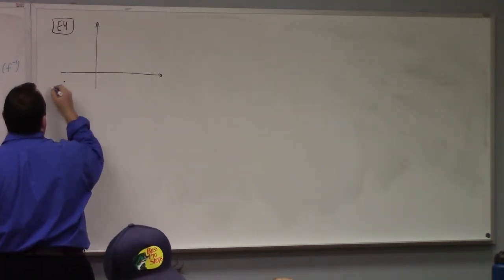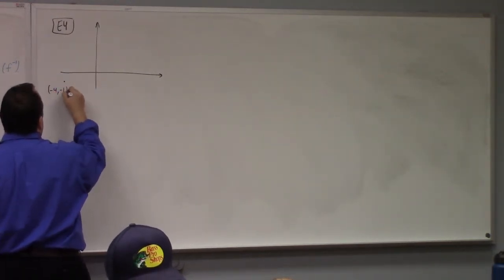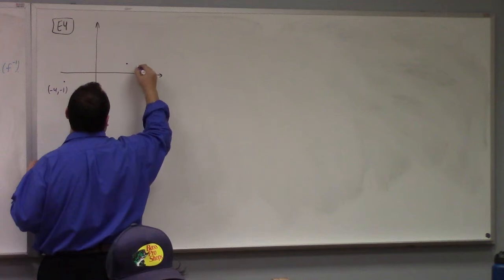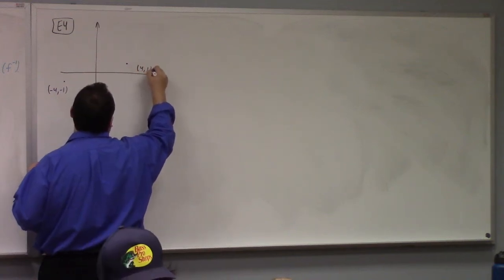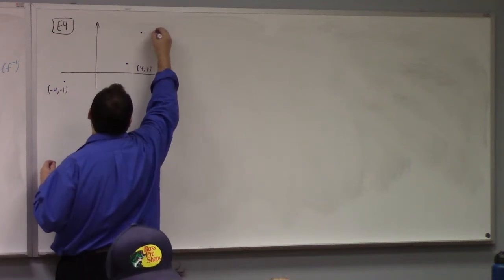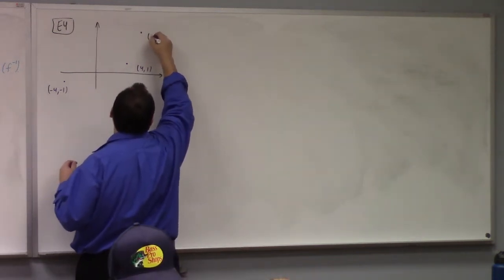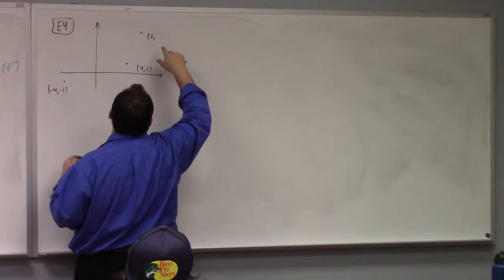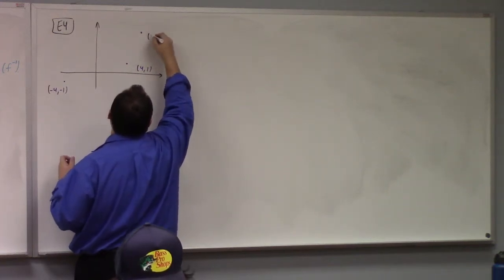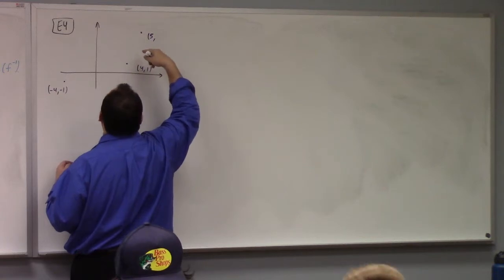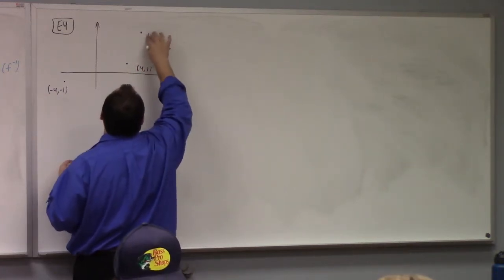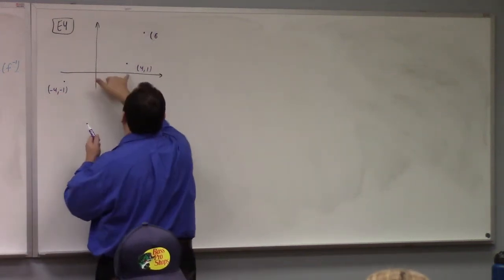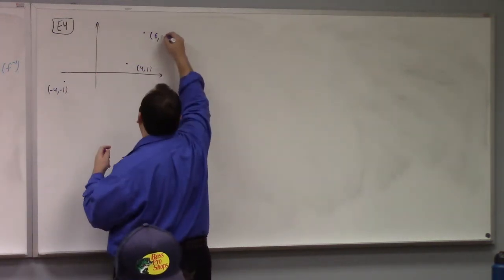We'll start with (-4, -1), and then I'll go over here to maybe (4, 1), and then I'll let it go up here to, let's say, (2, 6), and let's see here. If that's 4, it's probably 5.